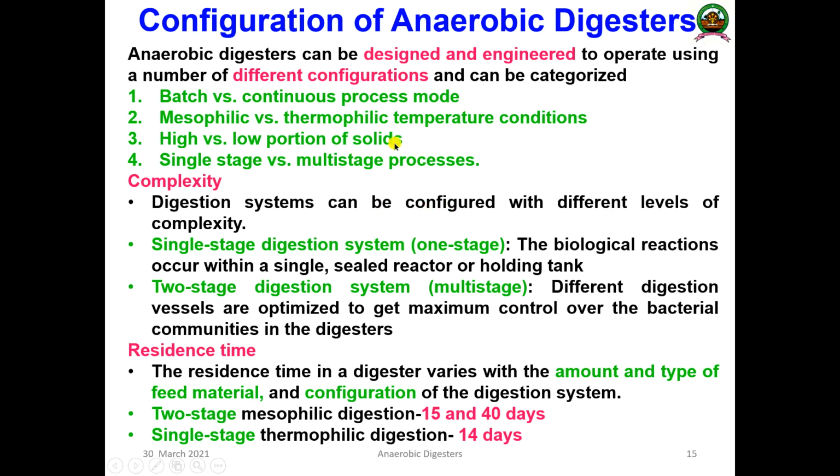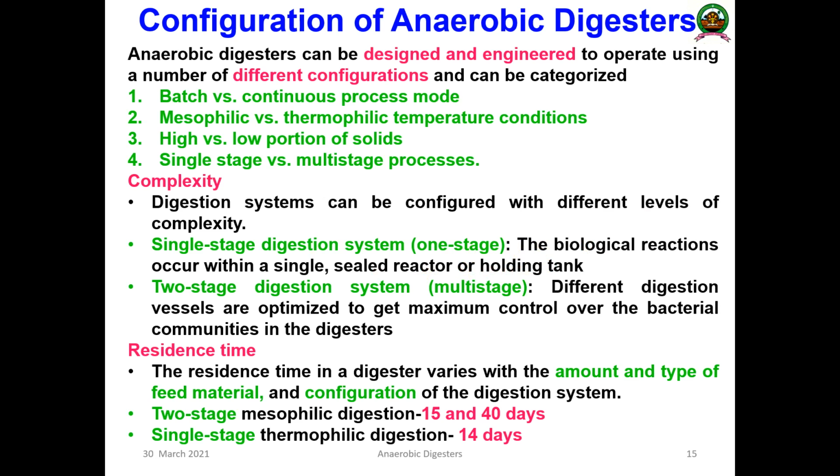And what are the other criteria that need to be considered or configured in order to get a good anaerobic digester? The first one is the complexity. The digestion system can be configured with different levels of complexity, such as a single stage or one stage system, where the biological reaction occurs in a single sealed reactor or holding tank.